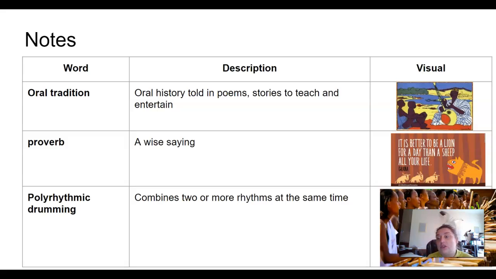So it's oral tradition, things that aren't written down. A proverb is a wise saying. And polyrhythmic drumming is drumming or music that combines 2 or more rhythms at the same time. So you can go ahead and pause and get those down.